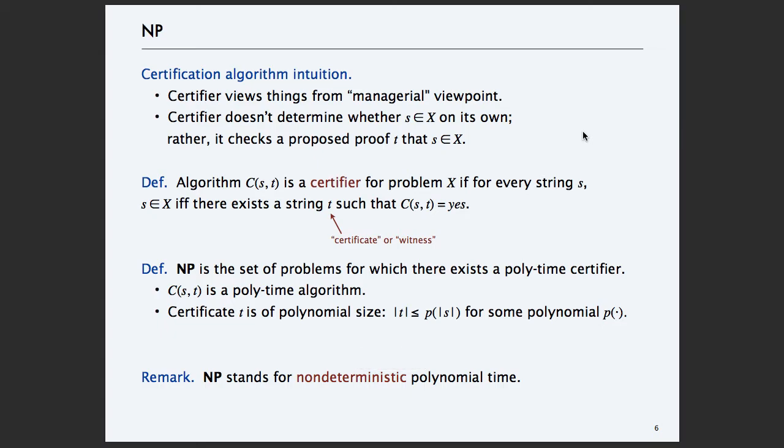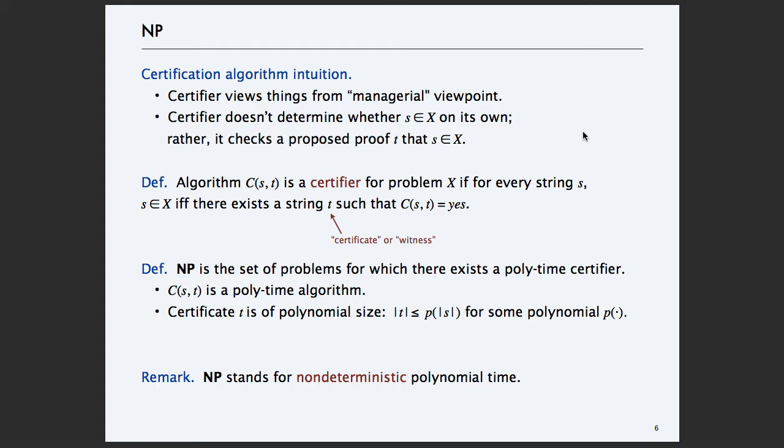Now we are going to try to define NP. Let's restrict it a little bit. Rather than one that will tell you whether a string satisfies, we are going to allow for cheating. We are going to allow for a witness or certificate.